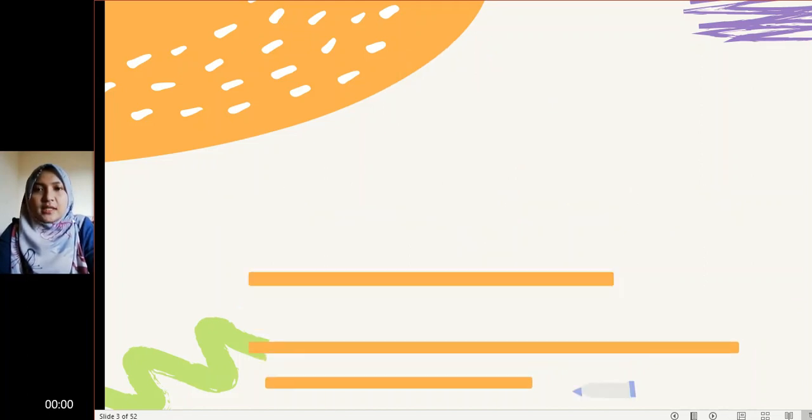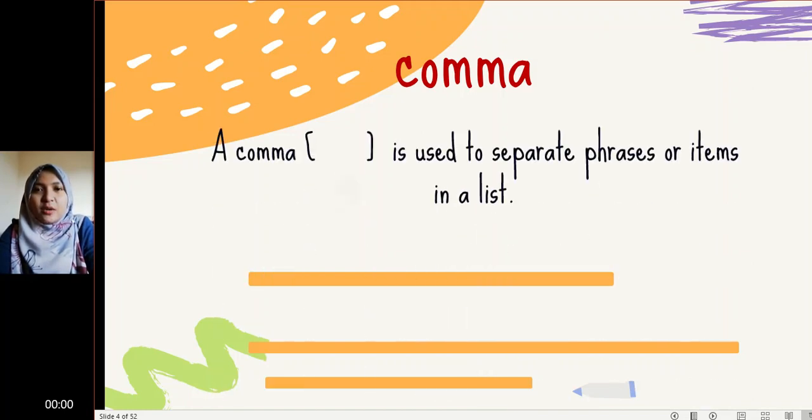Okay, the next punctuation mark is the comma. Have you heard this before? A comma is used to separate phrases or items in a list. In a sentence there are phrases, or sometimes there are items in a list. To separate the phrases or the items, we use a comma.